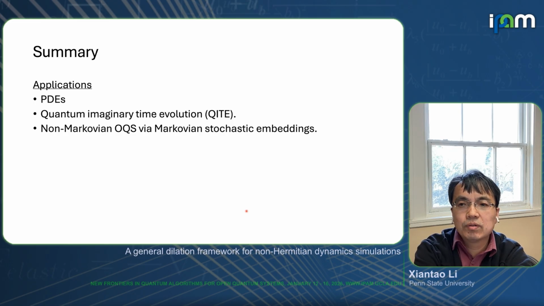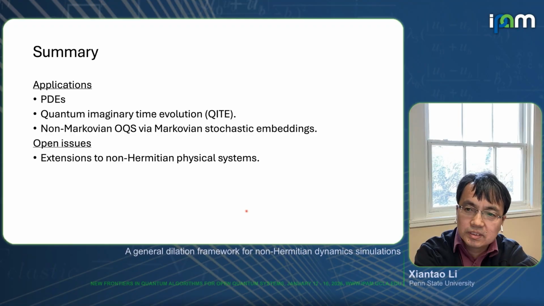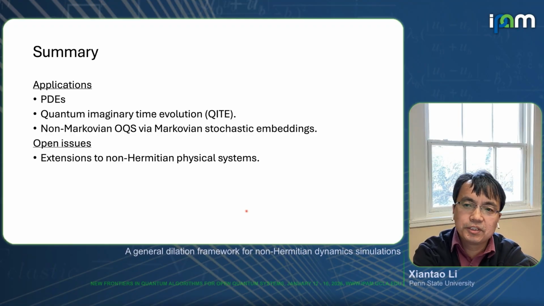So you're writing down quantum trajectories, but they are embedded in a much bigger Markovian stochastic differential equations. These stochastic equations do not necessarily give you a bigger Lindblad equation. However, using this stochastic dilation scheme, you can immediately map it to something that looks like Lindblad in a bigger space. Now, some of the open issues: one is the light cone conditions.